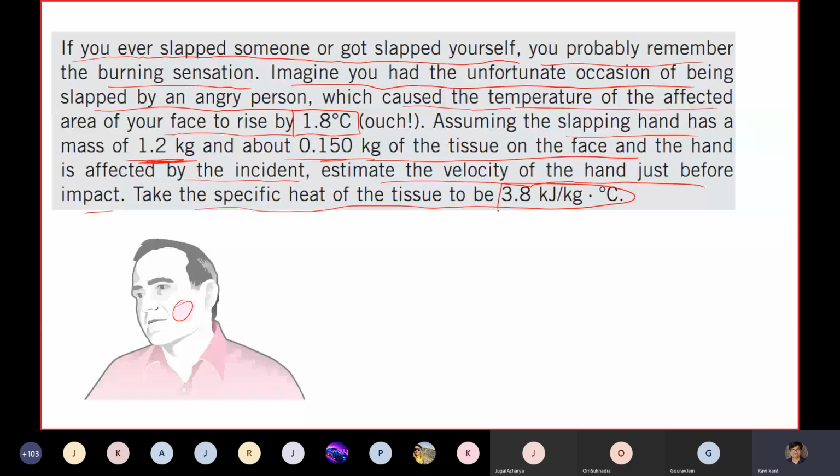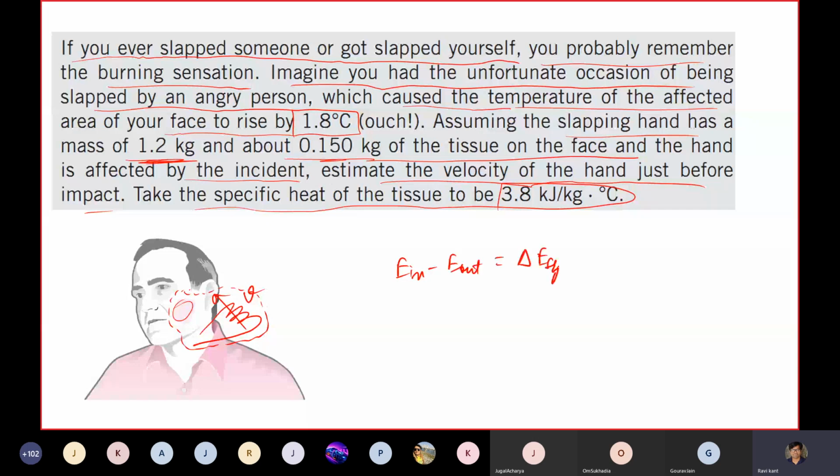So how would you come across this? Let's suppose I have a hand and I am slapping it with some velocity. In this case, I will take my system as tissue plus hand as a whole. So I will say that E in minus E out is equal to the change in internal energy of the system.